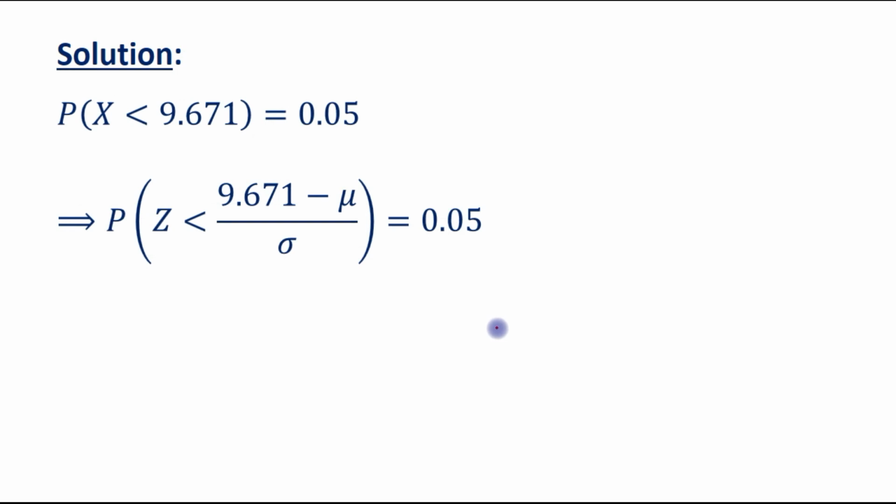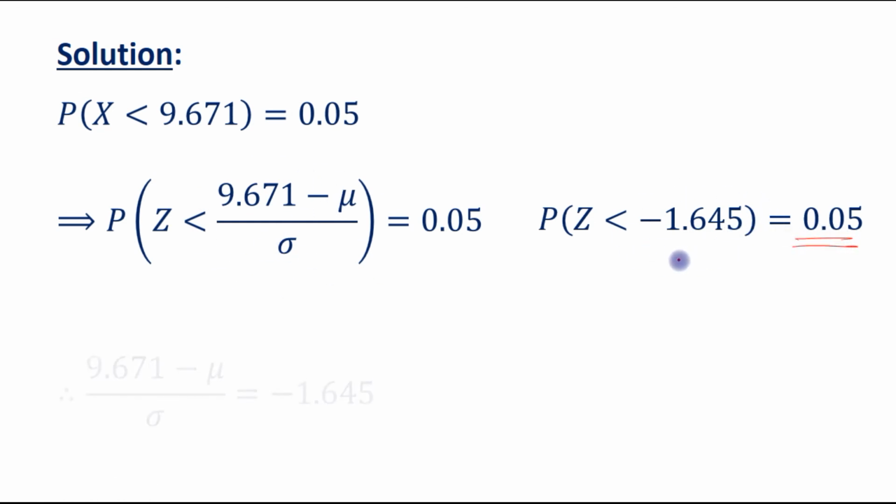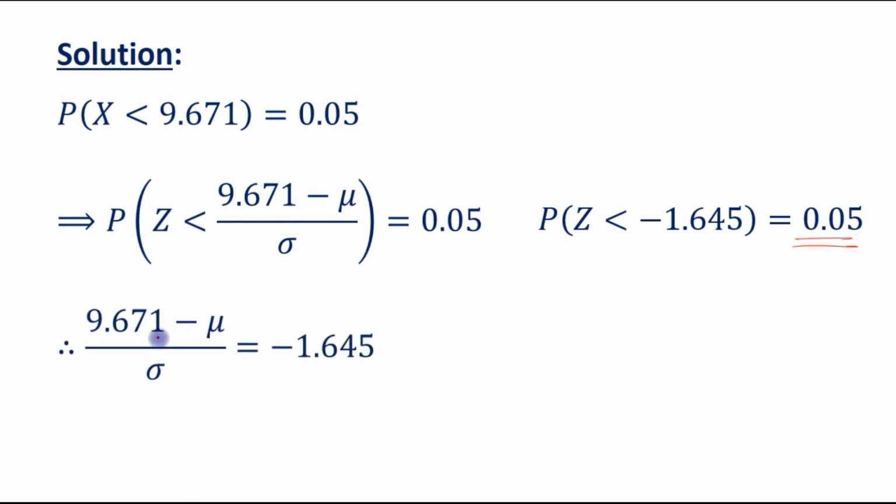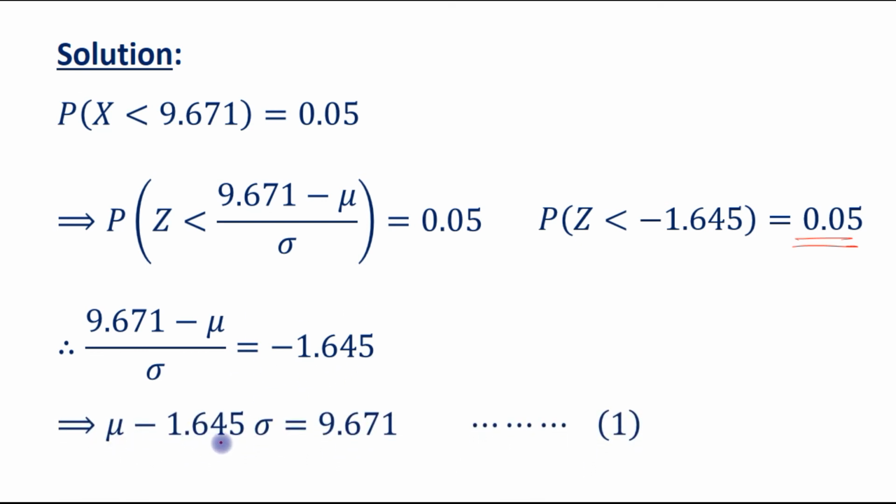So we can write the probability that z less than minus 1.645 equals 0.05, and now we will compare these two values. So therefore 9.671 minus mu upon sigma equals minus 1.645, and after solving we get mu minus 1.645 sigma equals 9.671. We will take this as the first equation.